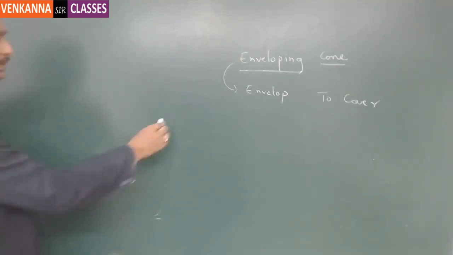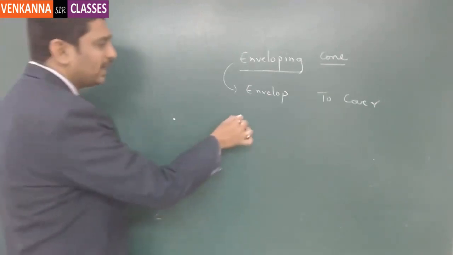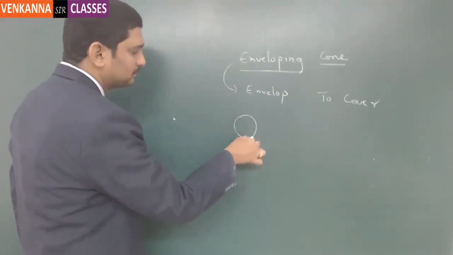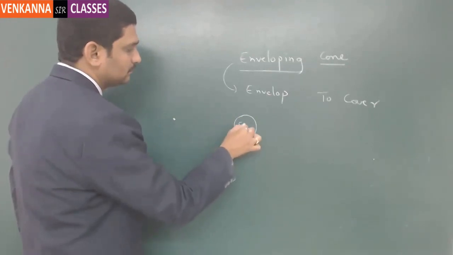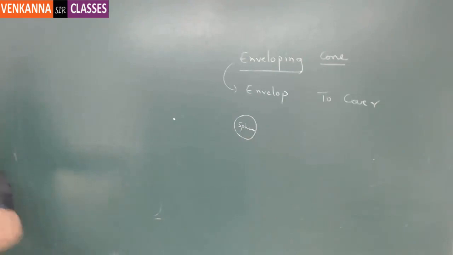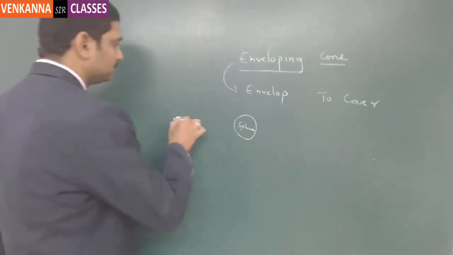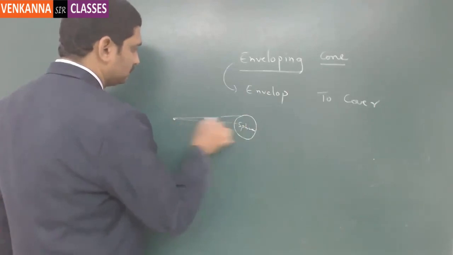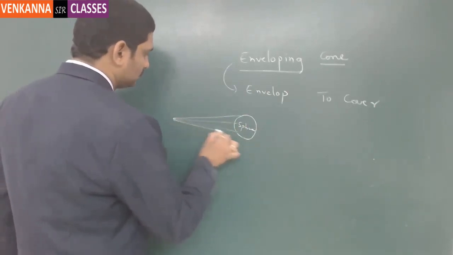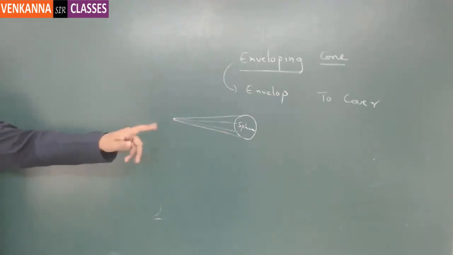Say, this is a point and I have taken a sphere here. I am drawing the set of tangent lines, which will envelop the sphere.